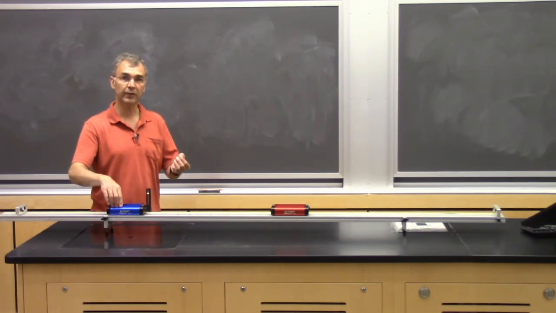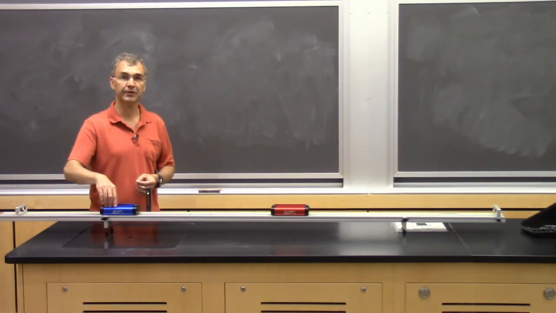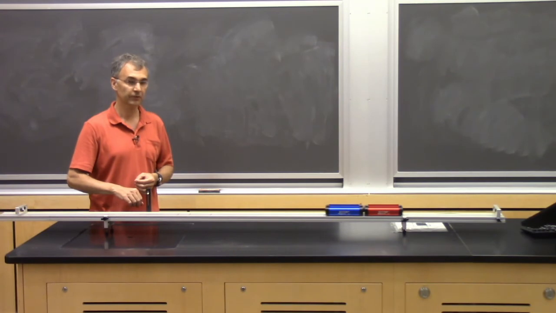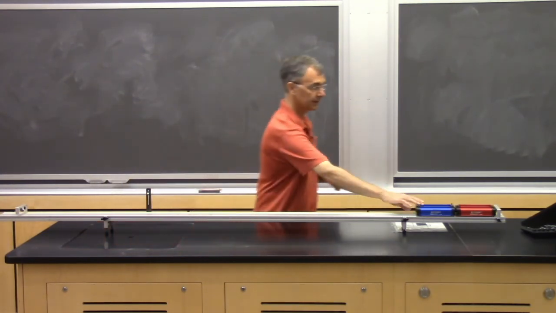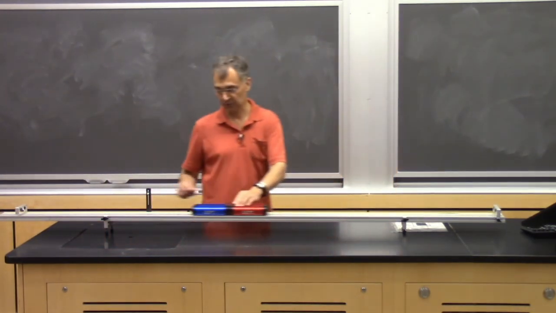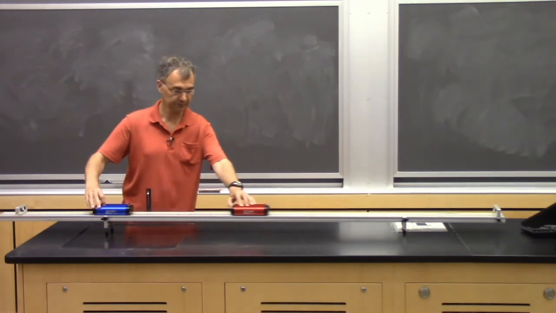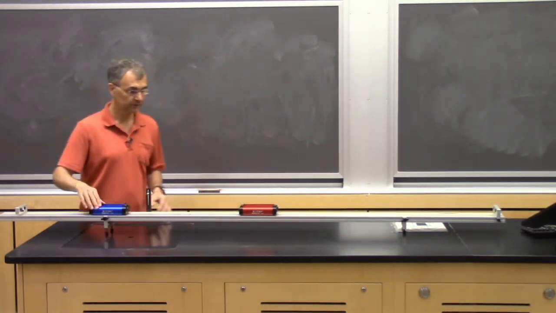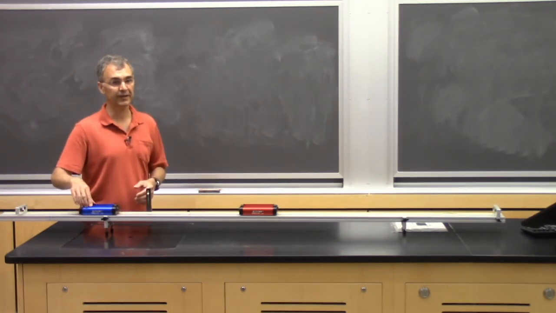Even if I collide them in a way that is totally inelastic, there's still some kinetic energy in the final state because I can't make the initial momentum disappear. So the final momentum of the system as a whole equals the initial momentum of the system as a whole. And for that reason, the center of mass of the system will still be moving after the collision if the center of mass of the system was moving before the collision.